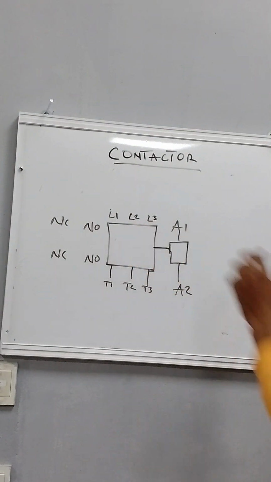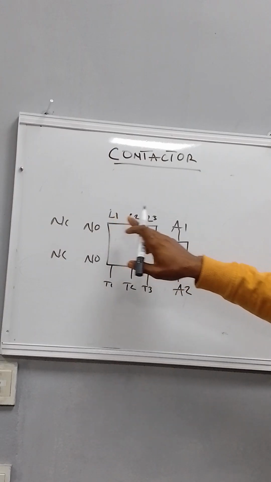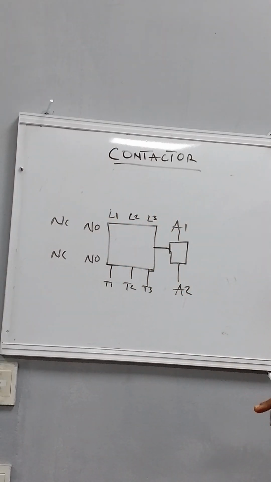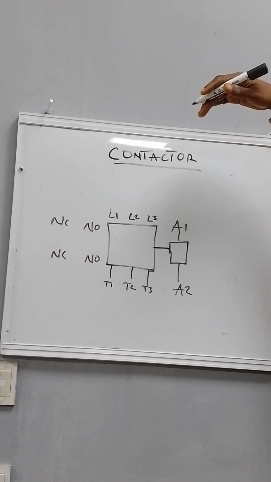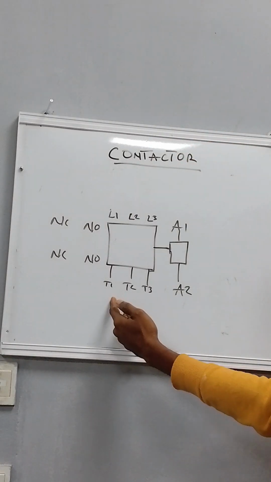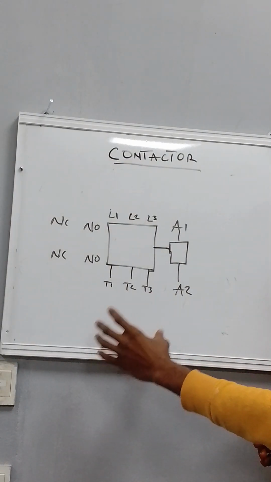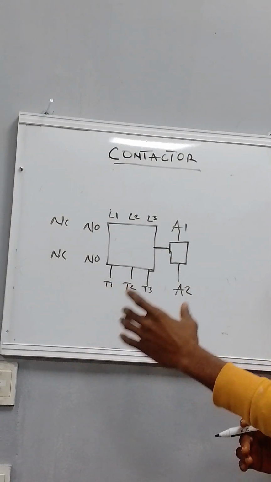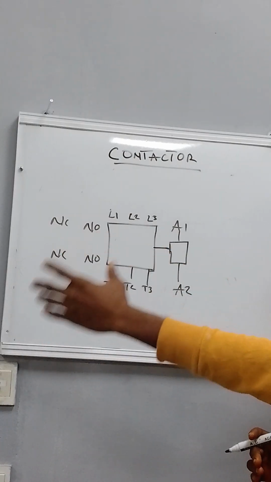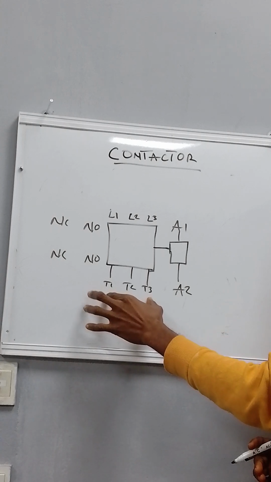Now, as you can see, L1, L2, L3 is the source, the incoming power side, while T1, T2, and T3 is the outgoing power side, which goes to the load, such as an electric induction motor or pump.